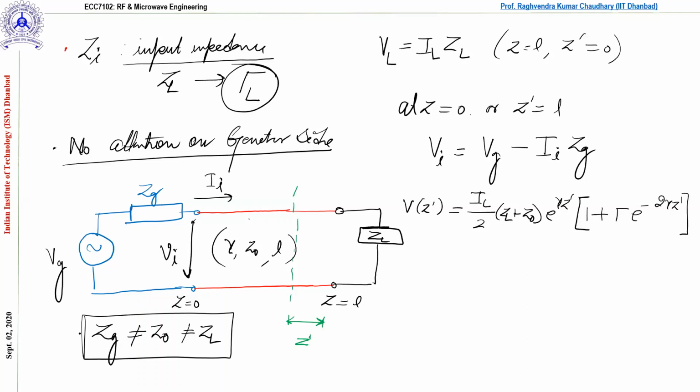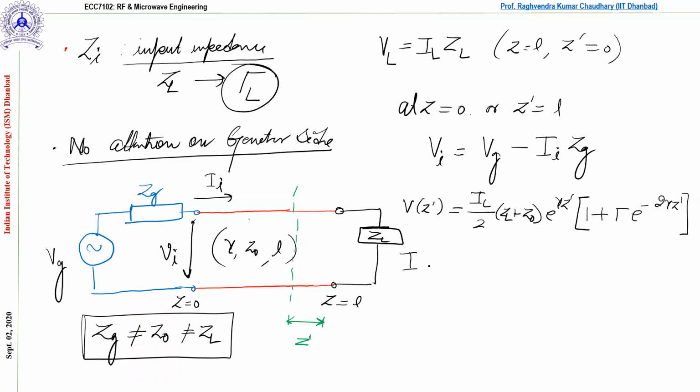Okay, so this is the objective of the study: today we'll try to find a new relation or new formula for how we can find the voltage and current waves at an arbitrary location. Fine.